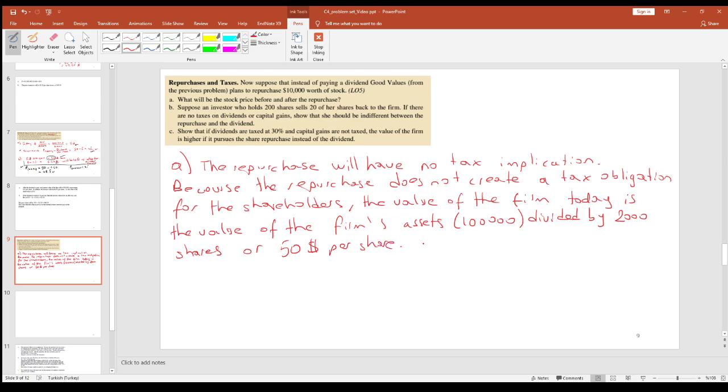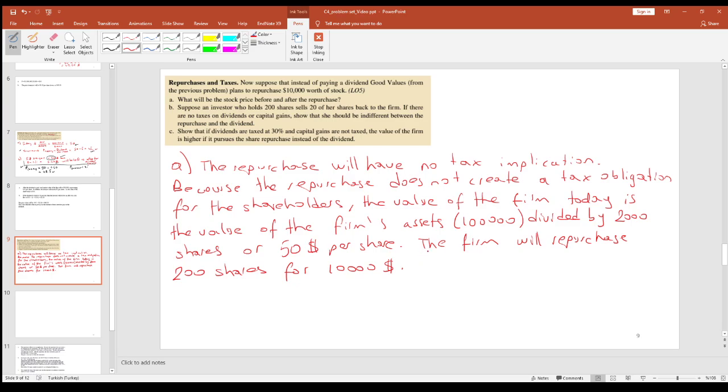The firm, what it says here, the firm will repurchase 200 shares for $10,000.